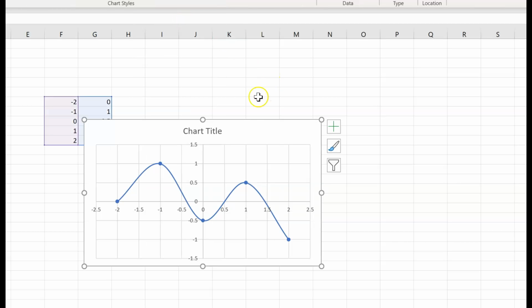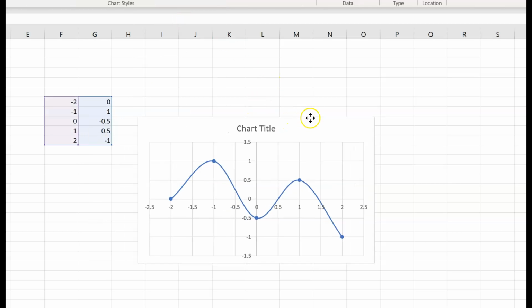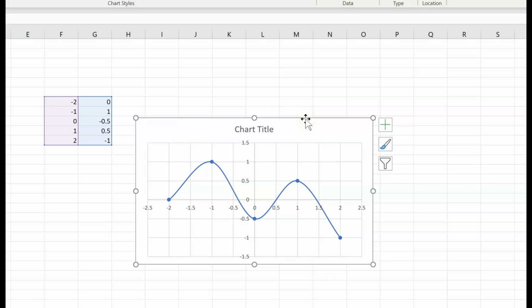Now it's over my graph, so I should be able to move it. There we are. Chart title, let's call it sample graph or something, whatever. You'll notice that I've put 0.5, 0.1, 1.52, etc. on the axes.